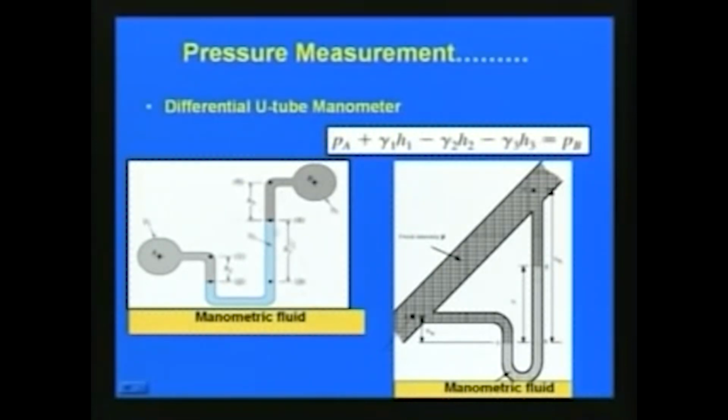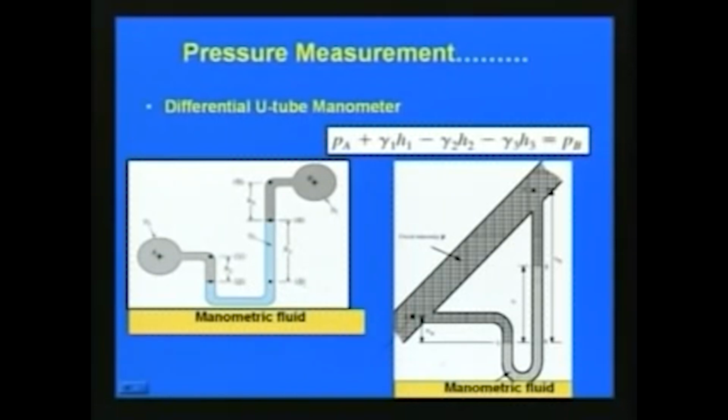Now, if there is a pressure difference between A and B, that means between the positions of this pipe and the second pipe, then we can write the equation. PA is the pressure at this location A. Using scales, we can measure this depth H1 as shown in this figure, and also we can measure this depth H2, where the manometer liquid is raised.